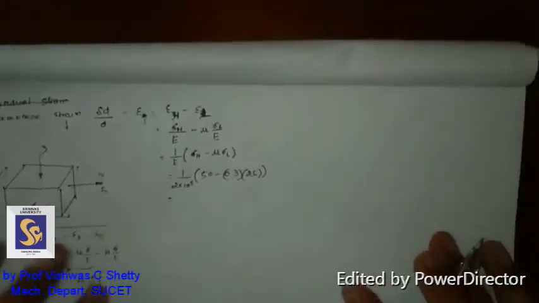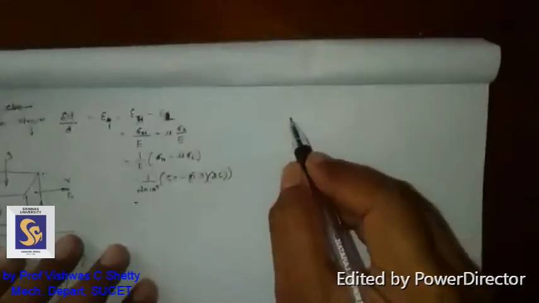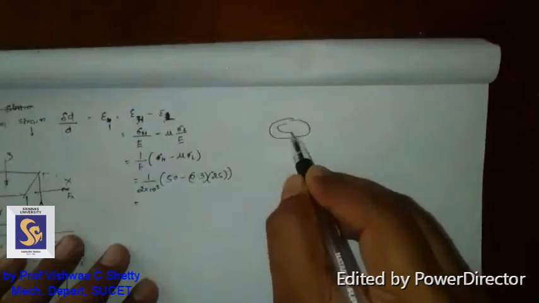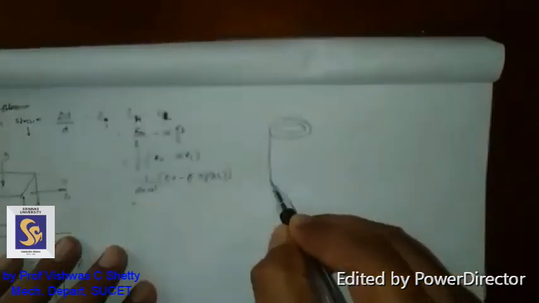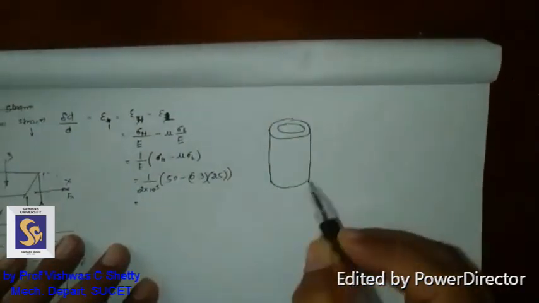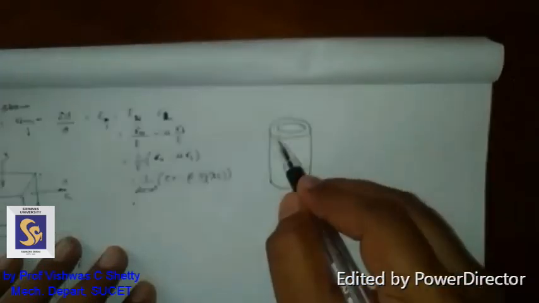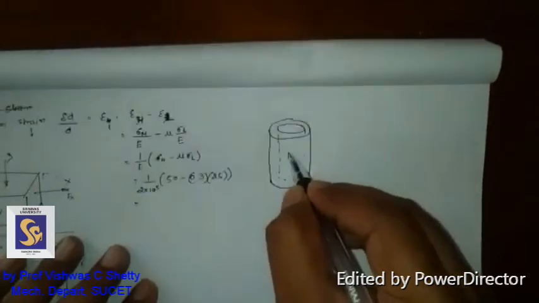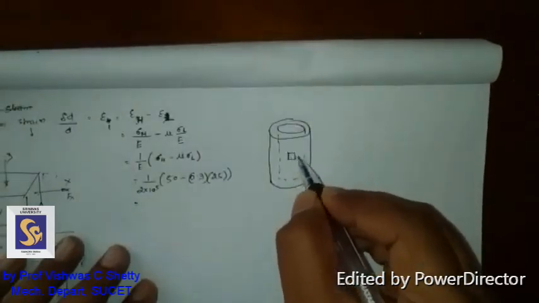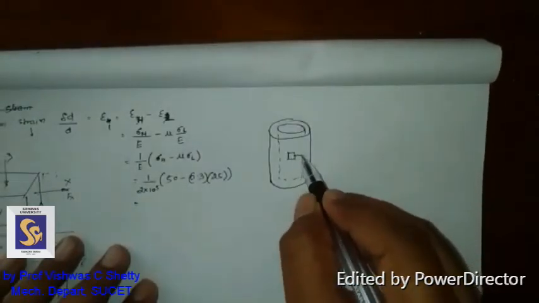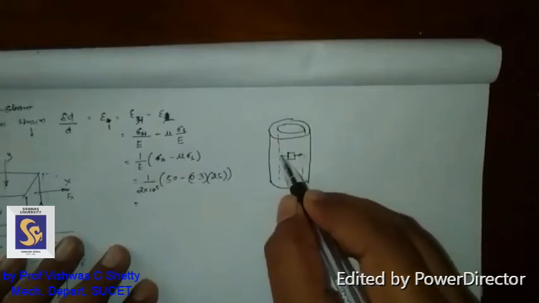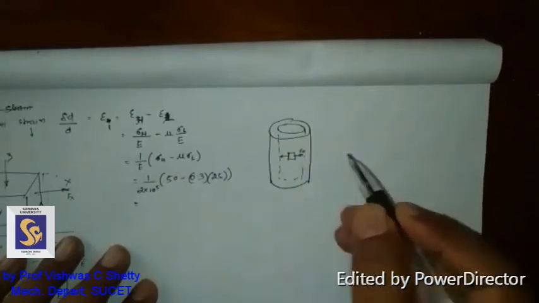Hope you have understood. Again, I will draw this cylinder. If we consider only diametrical strain, see this interesting concept. Consider one fluid element here inside. This is the circumferential stress, sigma h, correct?